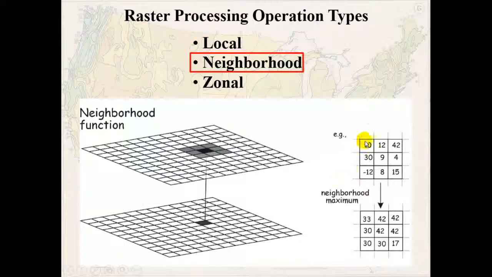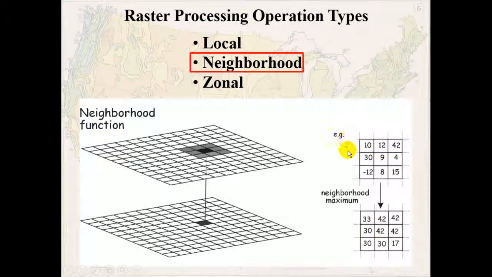So here's an example where I have an input data set, and we'll say that the neighborhood is this 3 by 3 rectangle, and the answer that I'm going to store in the focal cell is going to be the maximum value in the entire neighborhood. In this case, it's 42. So when my neighborhood is over this area, the maximum number is 42, store it right there.